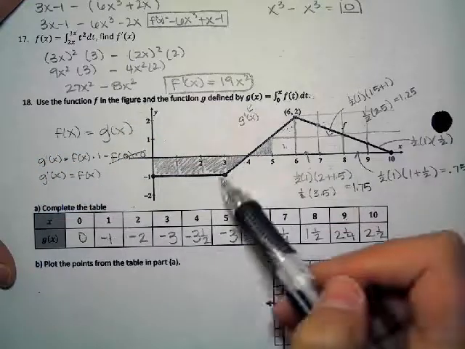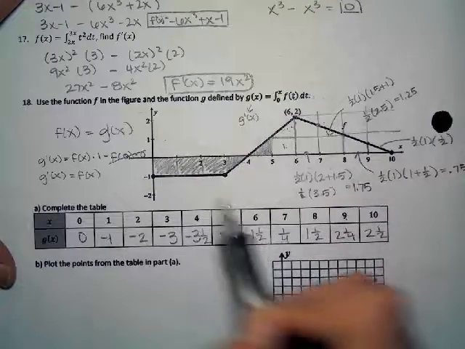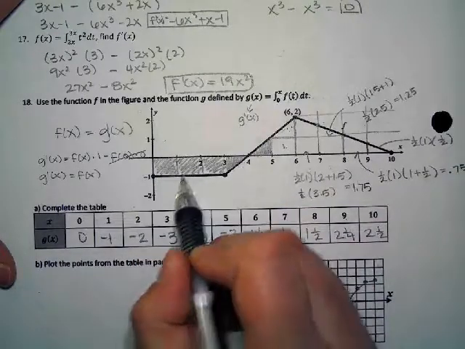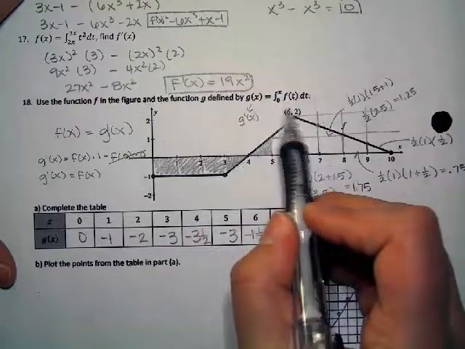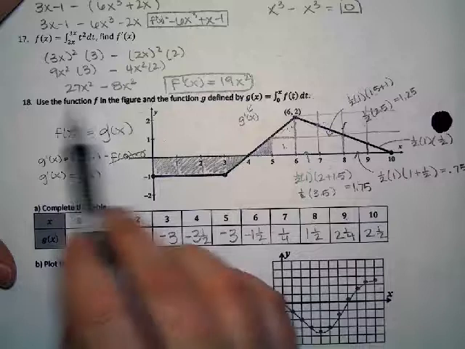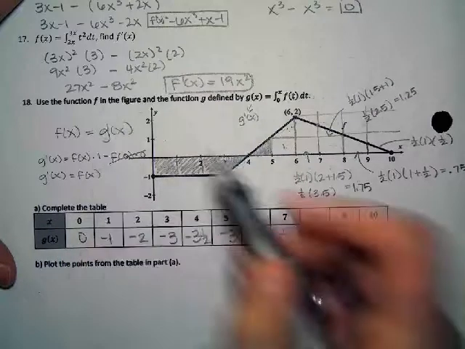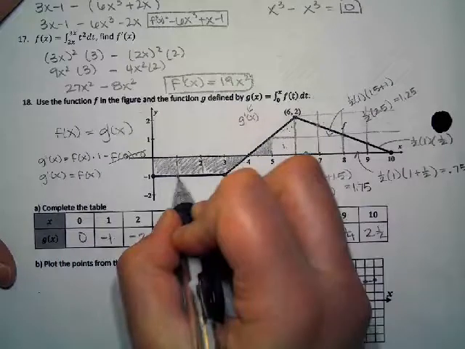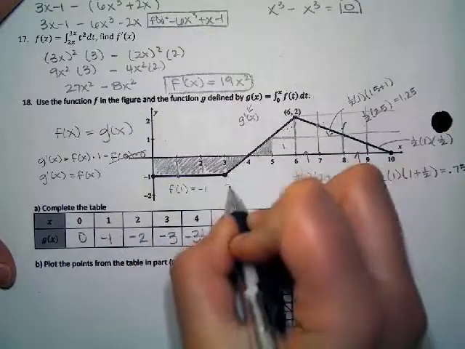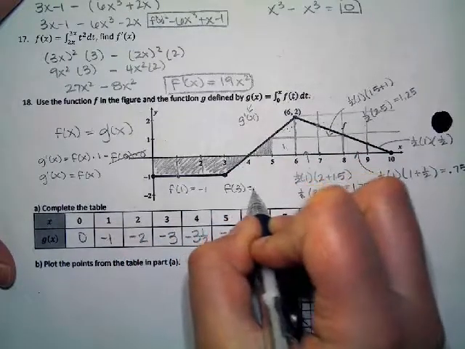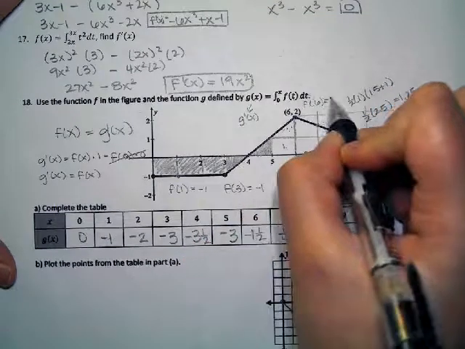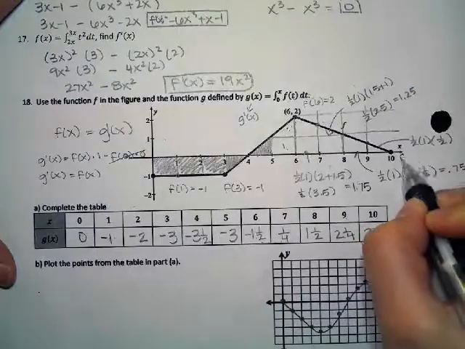So what I can do with this information is use these actual outputs. It says the function in the figure is f, so f of 1 is negative 1. f of 3 is negative 1. f of 6 is 2. f of 10 is 0.